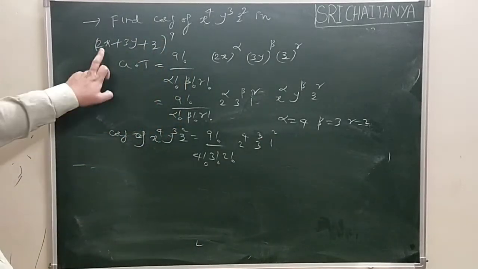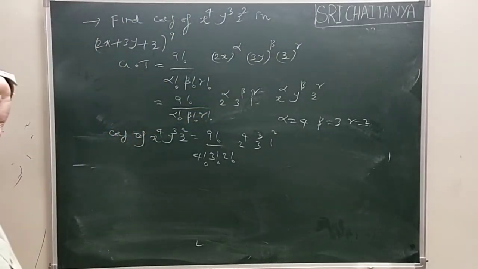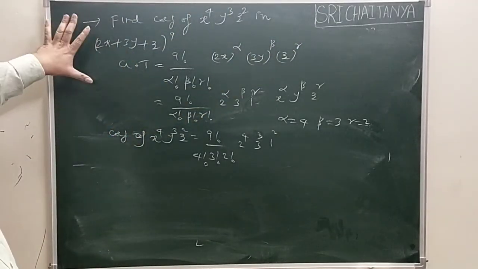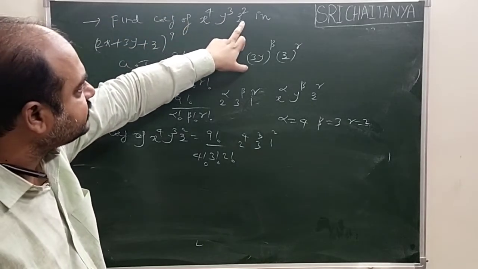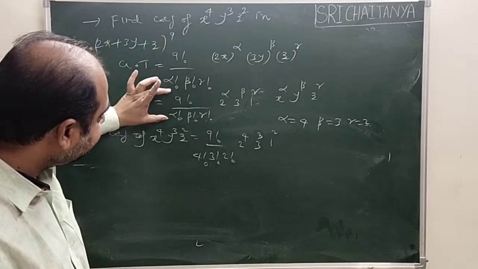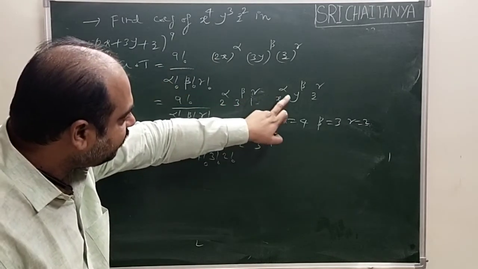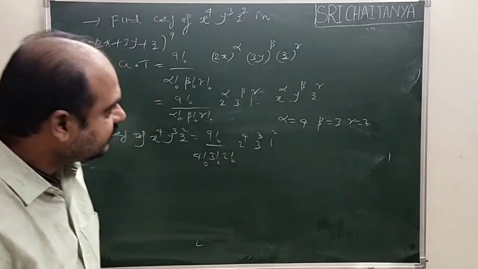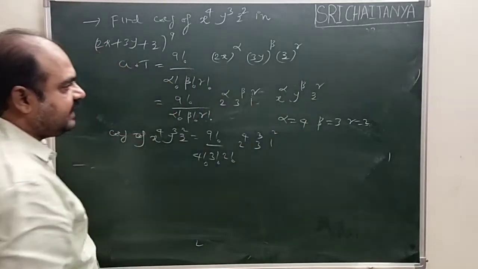That means in this expansion there are a number of terms, right? In that, the term x power 4 y cube z square will be there in the expansion.